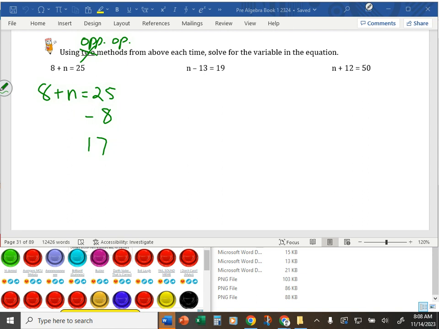But we can't just subtract 8 from one side unless we also subtract 8 from the other side. You have to keep that equation balanced. So, subtracting 8 from the left, right? 8 minus 8 equals 0. And if we take the 8 away from that left side, what are we left with? We're left with the variable.